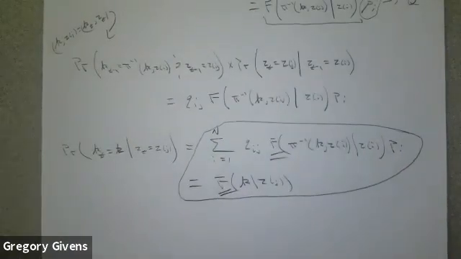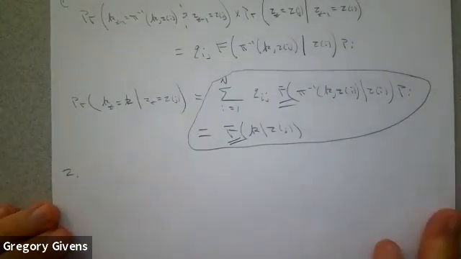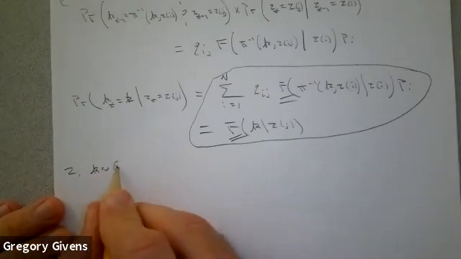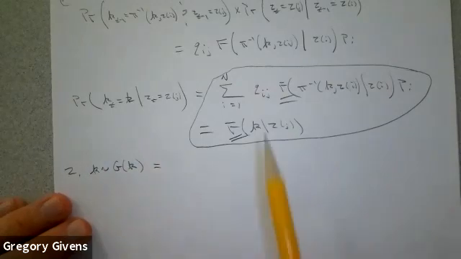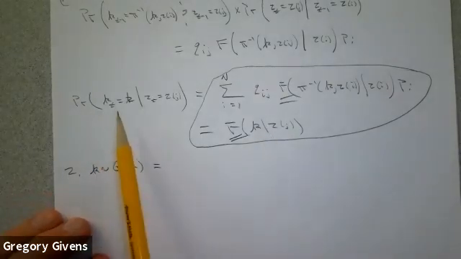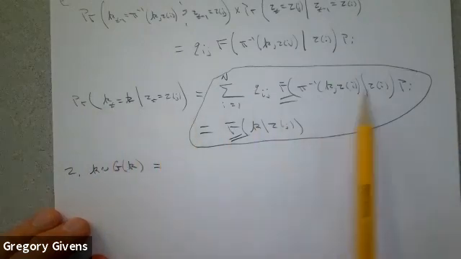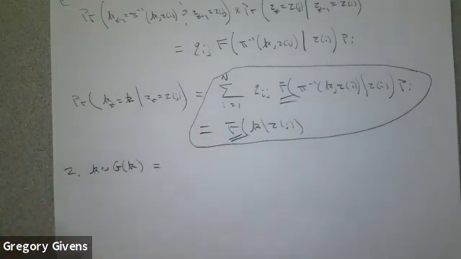Once we have that, it's easy to get G, right? I guess that's the second part of this. K is distributed according to some function G in the following way. If we want to know the unconditional probability that kt is equal to k, we simply sum this expression over all possible j's and multiply each by the unconditional probability that z is equal to zj, right?